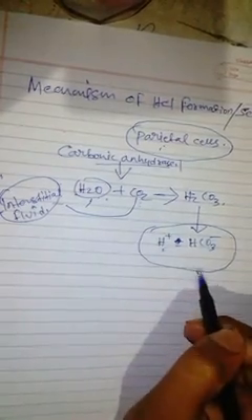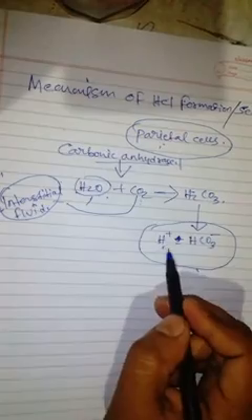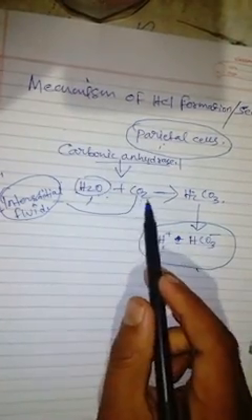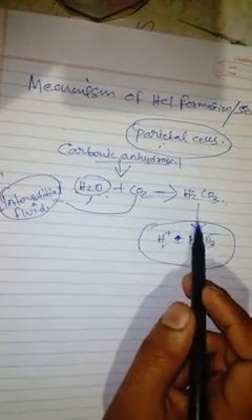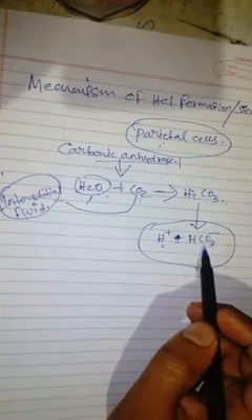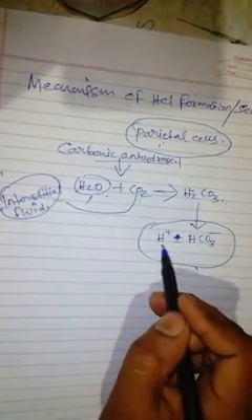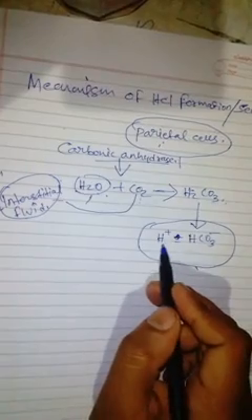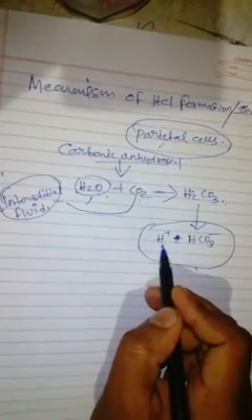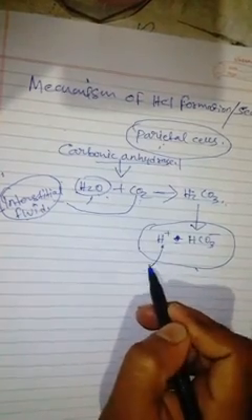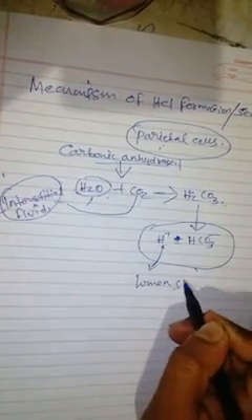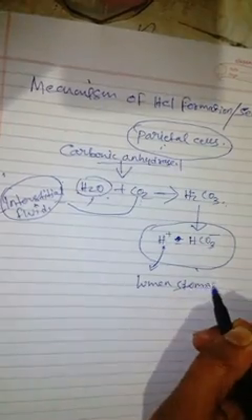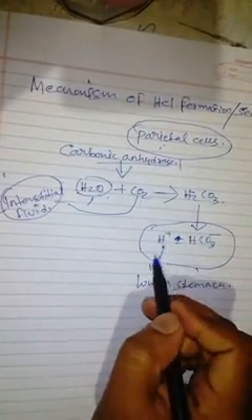let us consider this as the parietal cell. This H2O and CO2 are converted into carbonic acid by carbonic anhydrase, then it gets dissociated into H plus and bicarbonate ions. Now from the parietal cells, this H plus is pumped out of the cell into the lumen of the stomach. How is it pumped out?